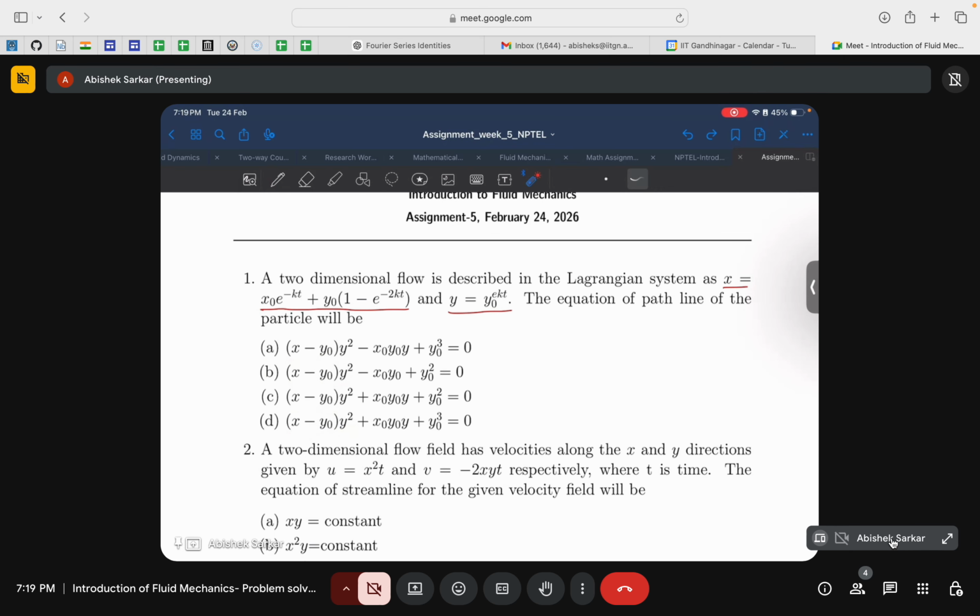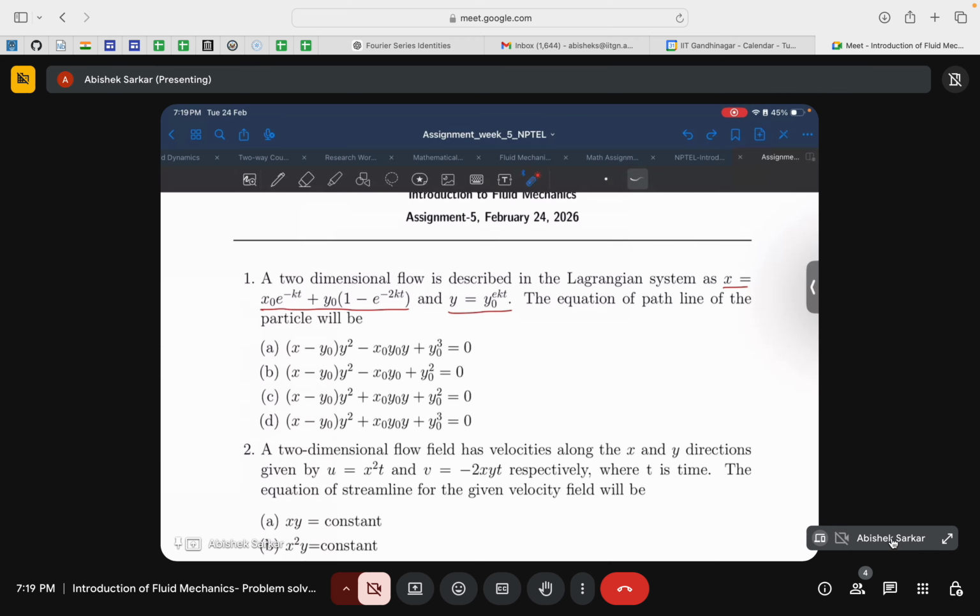So just do an elimination method: substitute these expressions and find the corresponding values which will satisfy this equation, and that will give you the correct answer. I'll give you 5 minutes to look into it. I think this is the most difficult question for today's session. Just try to solve it and then let me know.